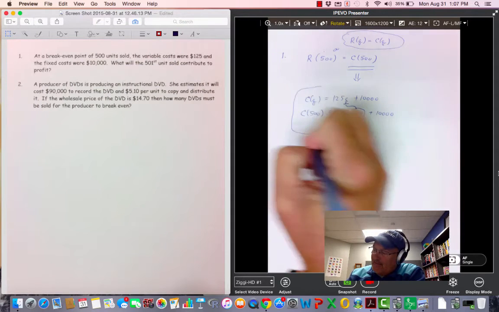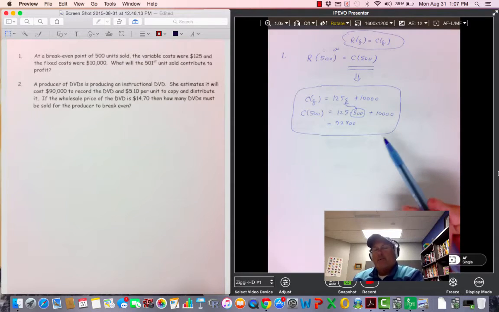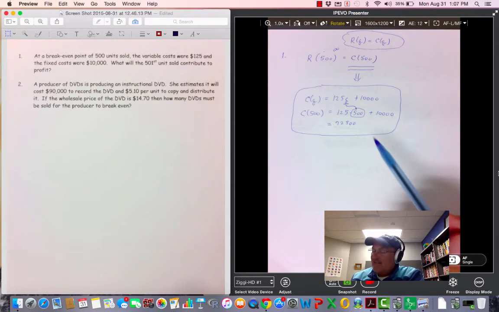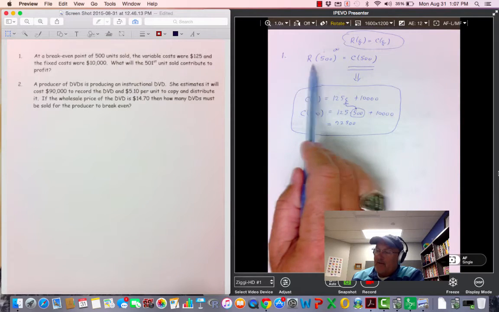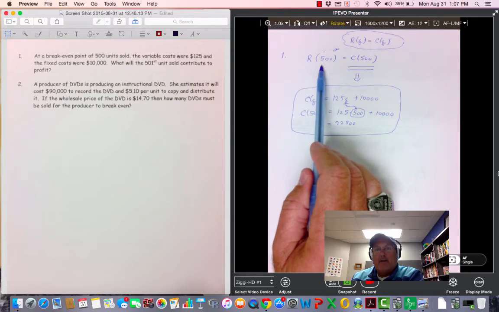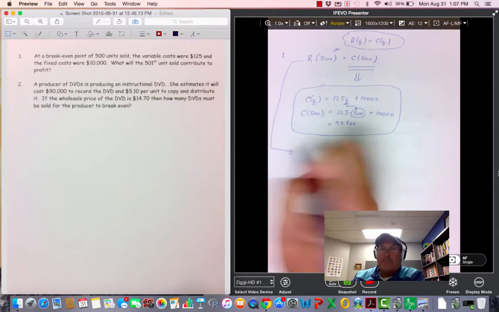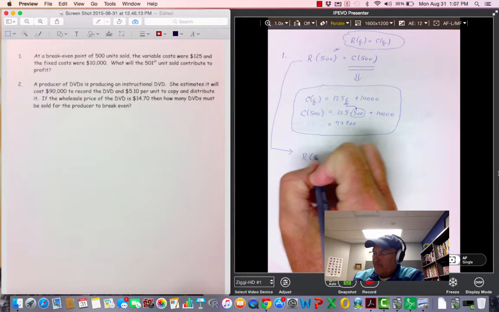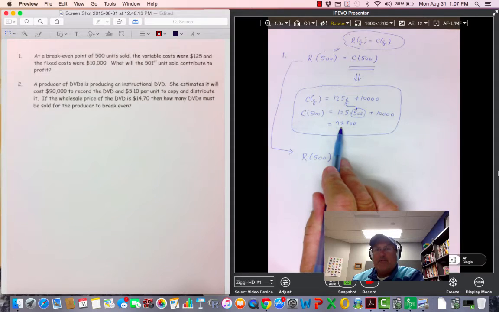Now, this is kind of an intermediate step, but don't lose sight of the forest for the trees. We're still trying to work with R of 500 equals C of 500. But what I know now is that R of 500 must be equal to what? 72,500.